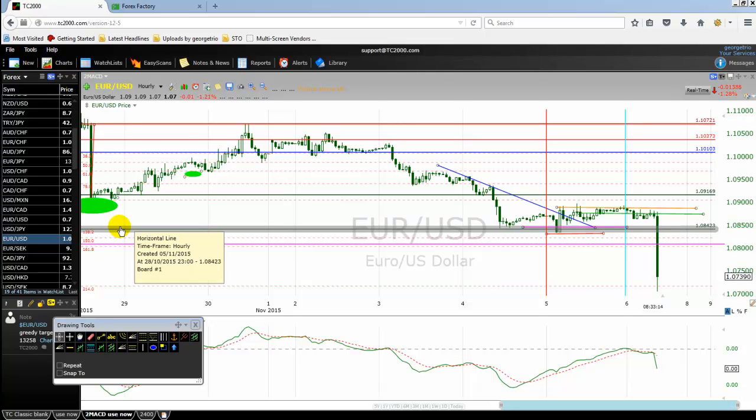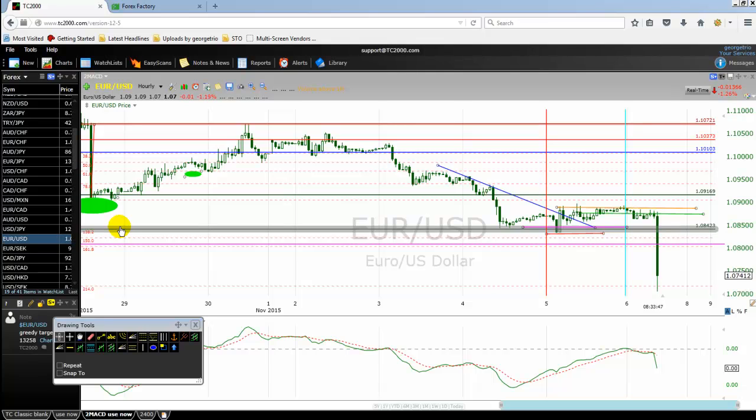First trade we took for the Australian dollar, I took it first at 0.7145. It was not at a good place, but it's not a bad place. Took 55 pips out of that first trade.